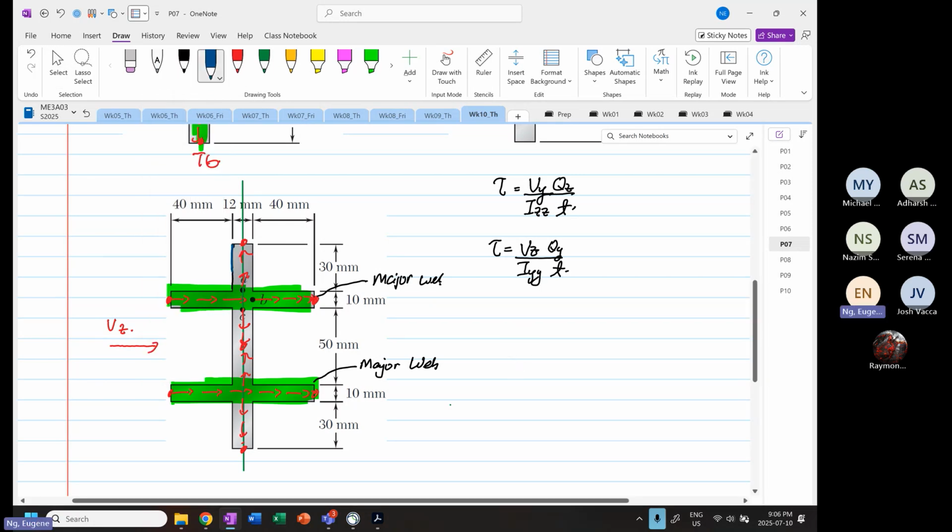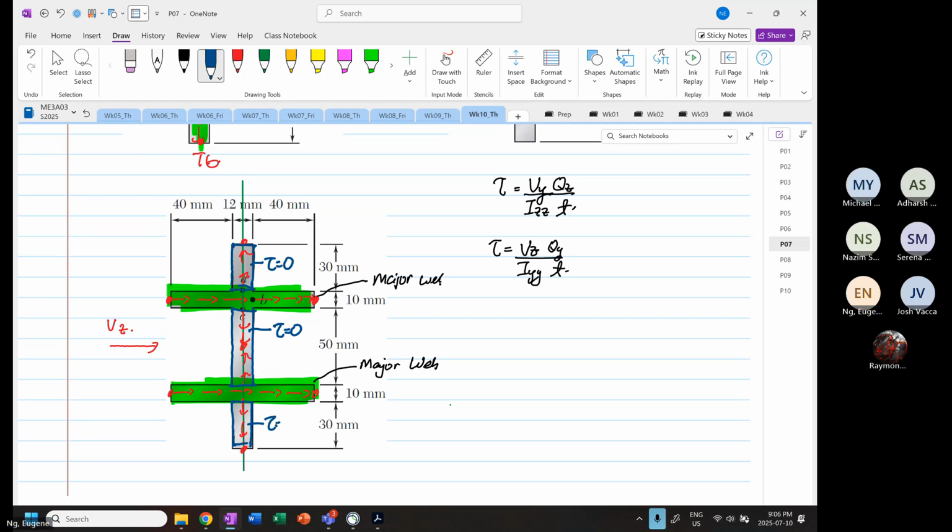Now this section over here, everything over here, the shear stress is equal to 0. Okay, the shear stress is equal to 0.